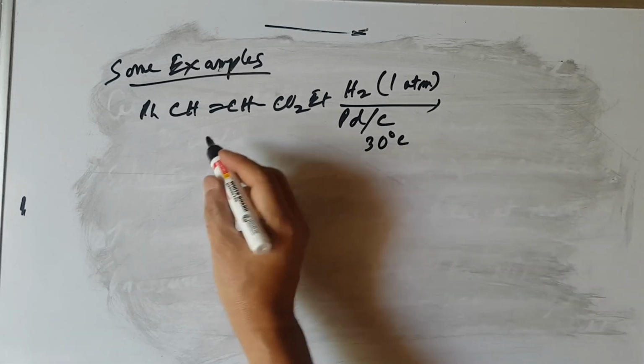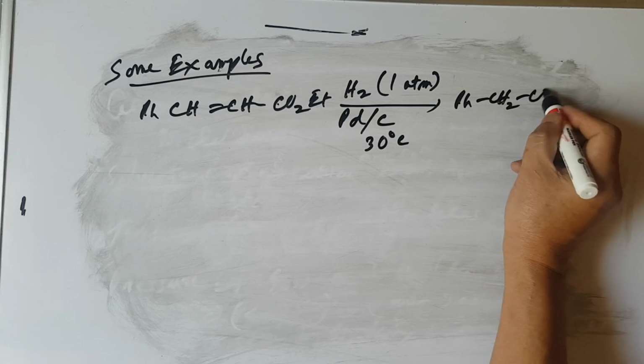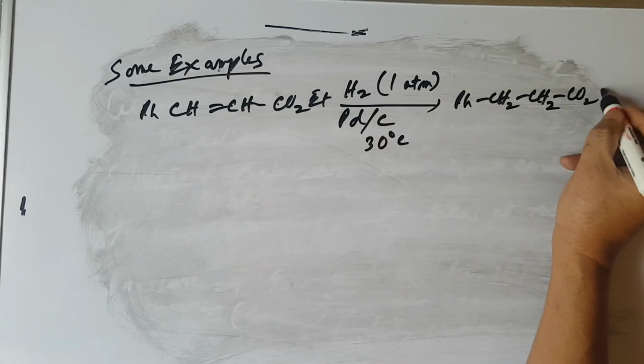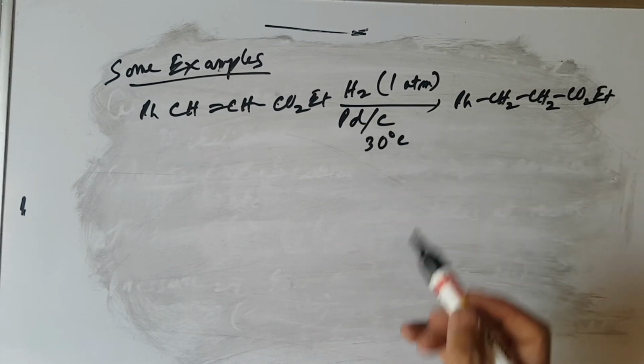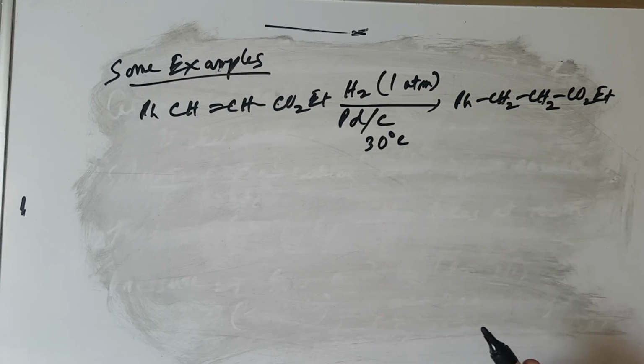Here only the double bond is saturated, and this is the product. So palladium on inert support charcoal or carbon at low pressure and room temperature, nearly 30 degrees Celsius, the reaction takes place like this.